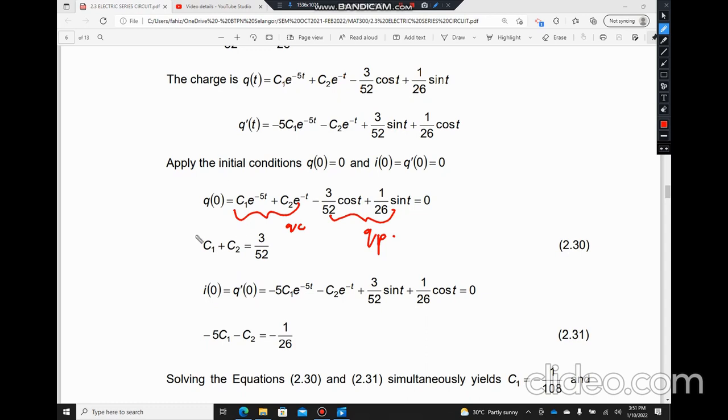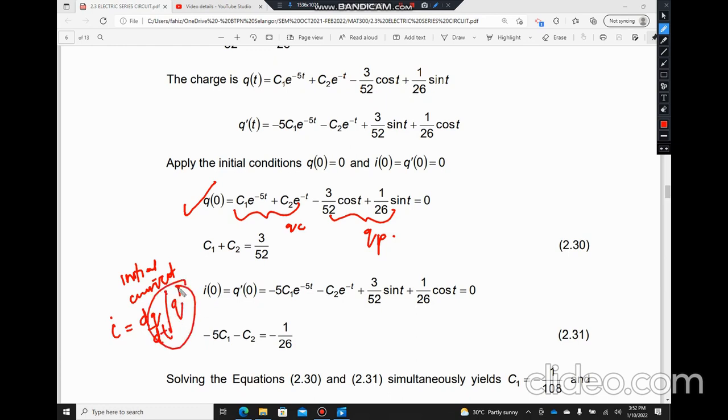Okay, next kita dah ada Q prime 0. Okay, next we need to find, dalam soalan ni dia bagi initial current is 0. Okay, initial current, macam mana kita nak tahu formula untuk current? Kita tahu kat sini kaitan antara current dengan charge. I is dQ/dt ataupun Q prime.